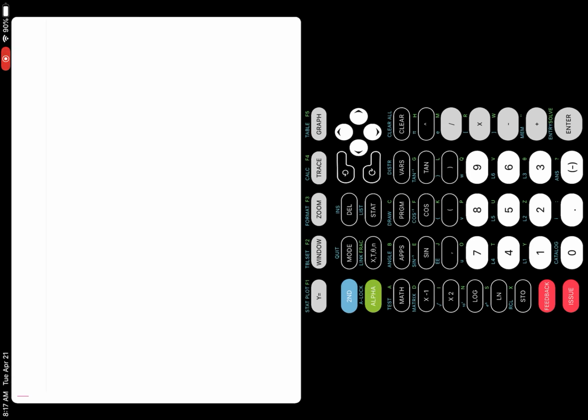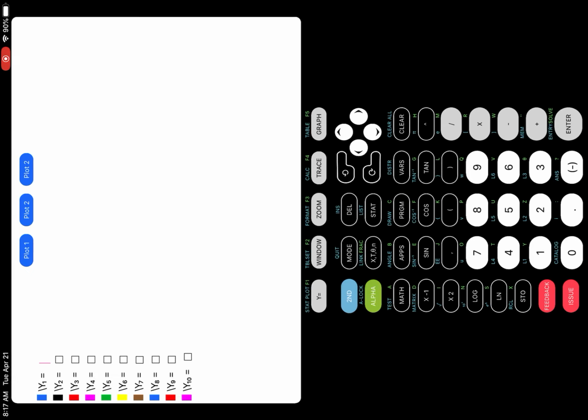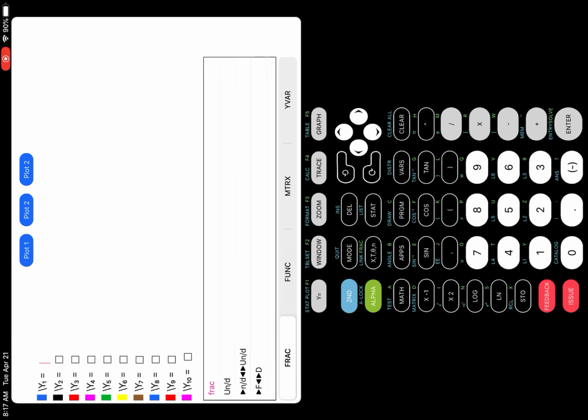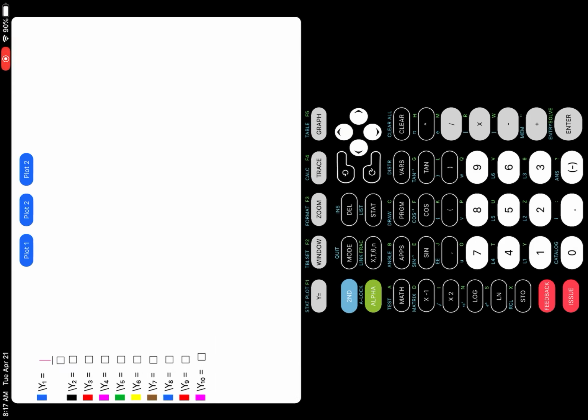So what you end up doing is you're going to hit the y equals to get this page. You have to hit alpha y equals, and you're going to want a fraction. So the first one we're going to do is the k of x.